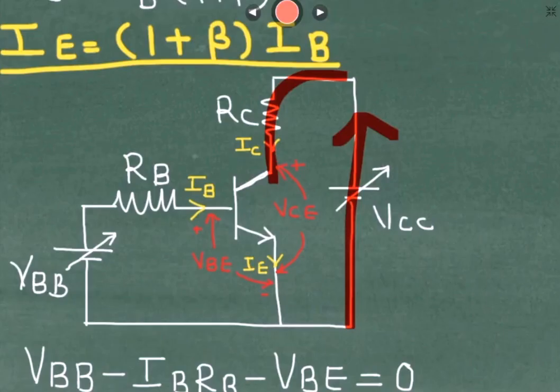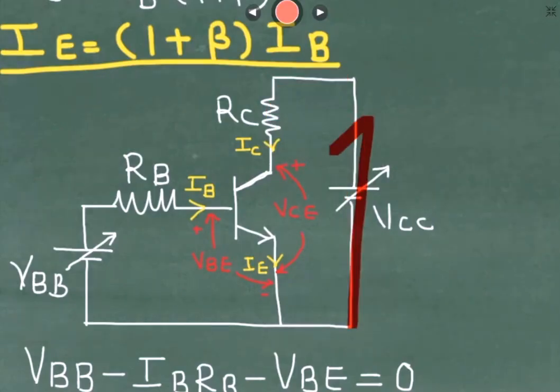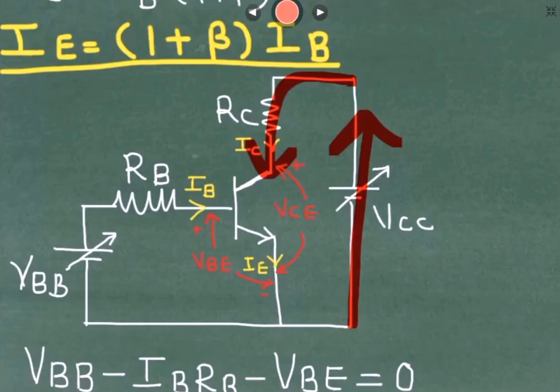So first line as shown over here, this will become plus VCC. You can see there from negative to positive. So this will become plus VCC. Next, minus IC into RC. Here you can see minus IC into RC. Then minus VCE is equal to 0.